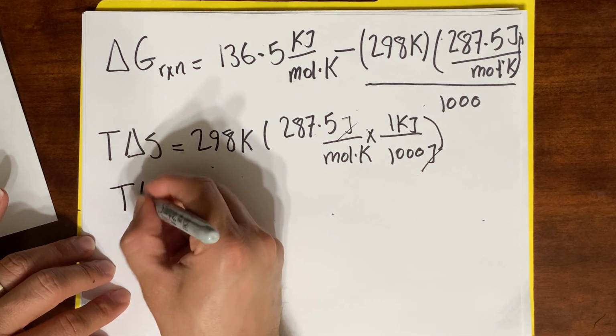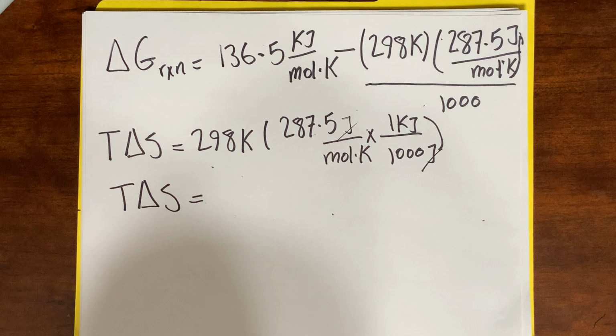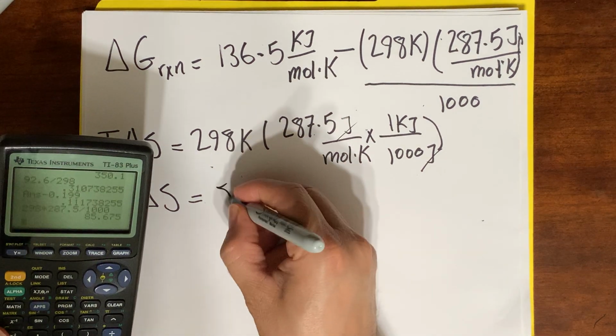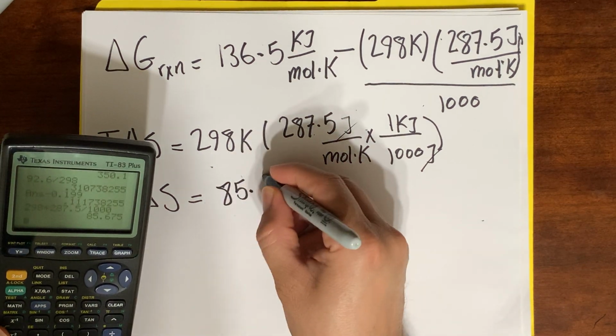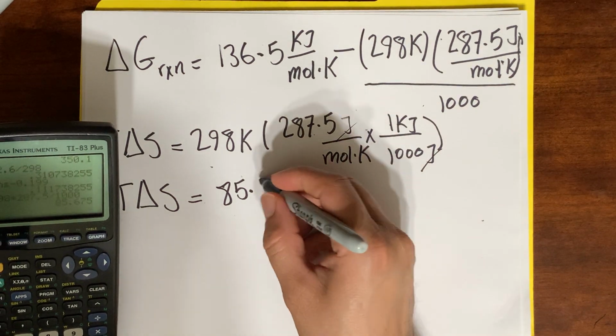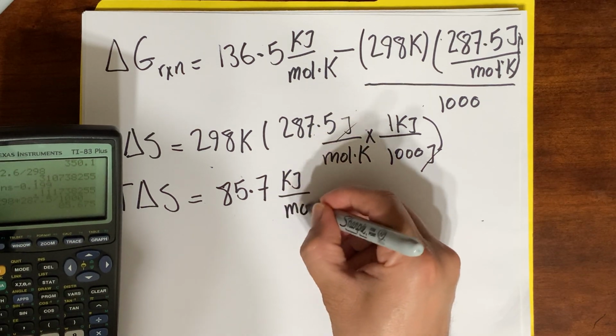So T delta S is 298 multiplied by 287.5 divided by 1,000. That's going to be 85.7 kilojoule over mole.